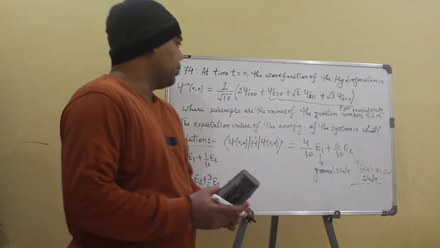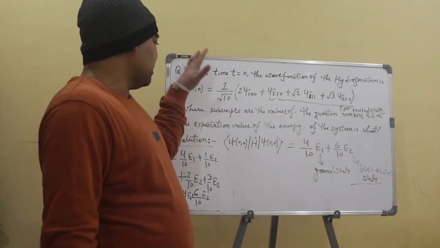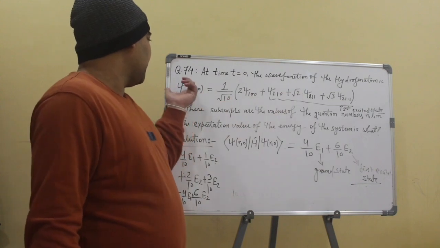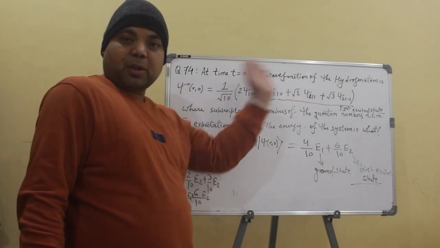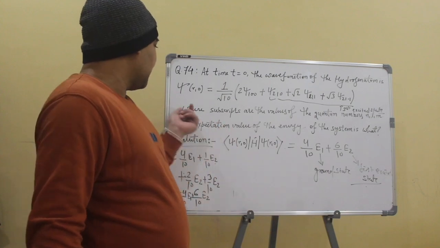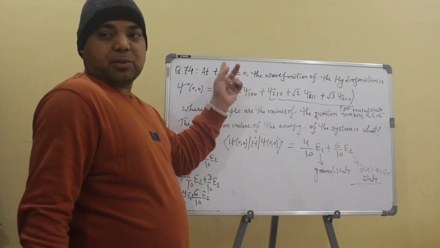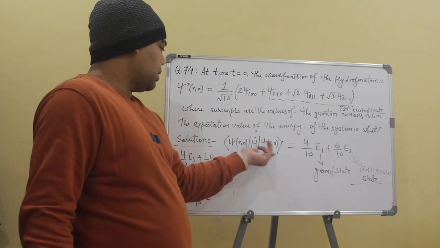So this is how you can find the expectation value of energy if a wave function is given defining a particular state. It is given at time t equals 0, so that's why we are not considering time anywhere.